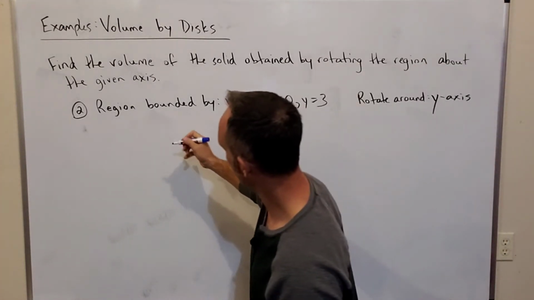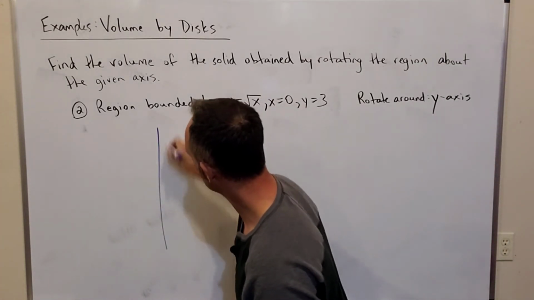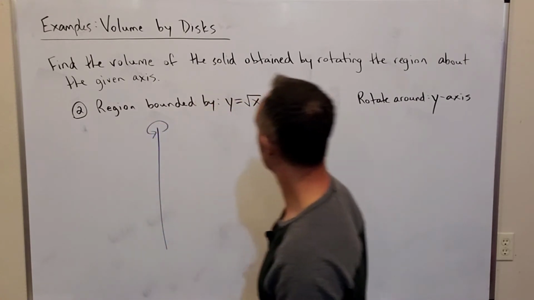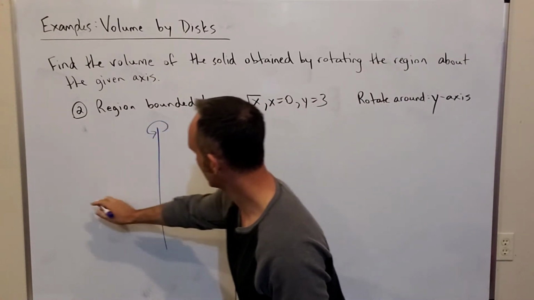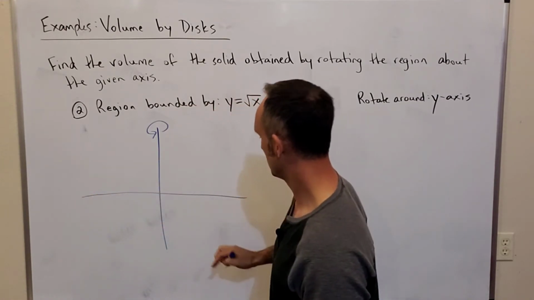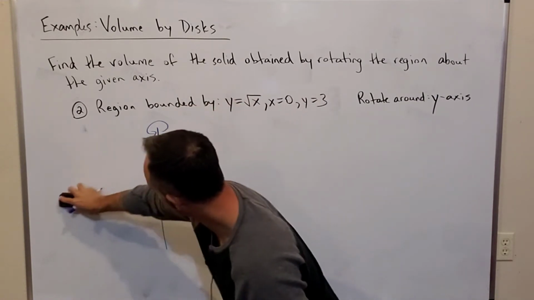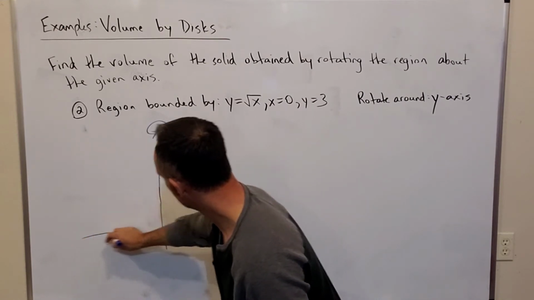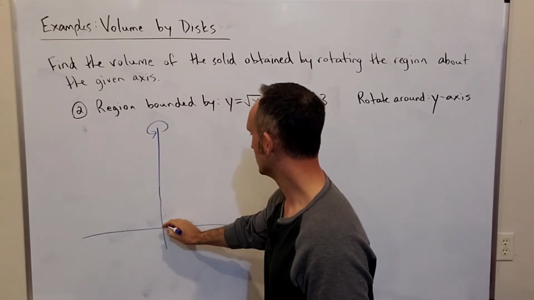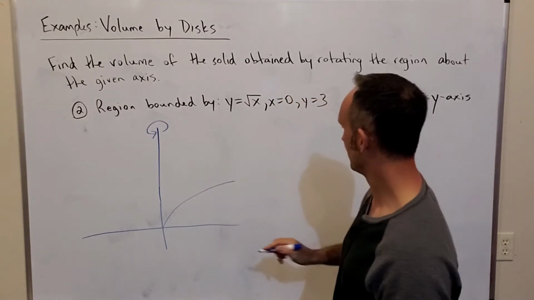We know we're rotating around the y-axis, which is here. And again, y equals the square root of x. You know what, let's move our x-axis down since we're rotating around the y-axis. I don't need so much. Y equals the square root of x looks something like that.